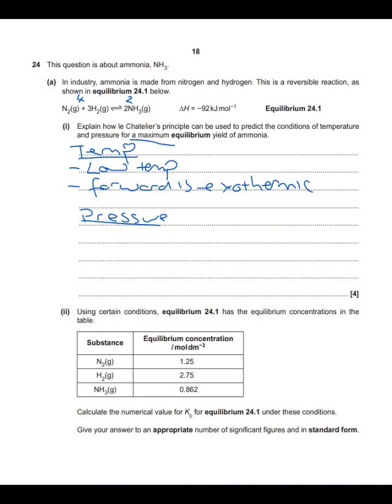So if we increase the pressure, we favour the side that has the least number of moles. So if we have, in this case, a higher pressure, it will favour the forward direction because we have less molecules or moles of gas on the right hand side.